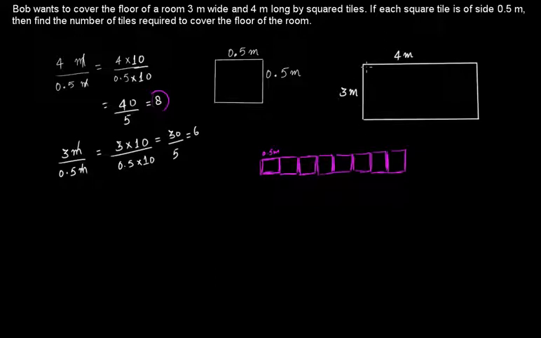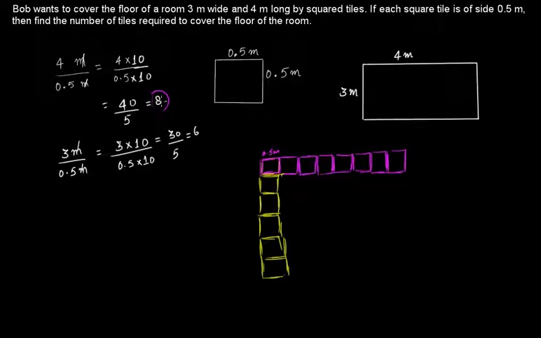Now along this width, how many tiles will we have? 6 tiles. The first one we already have here. Then the second tile, the 3rd tile, the 4th tile, the 5th tile and the 6th tile.